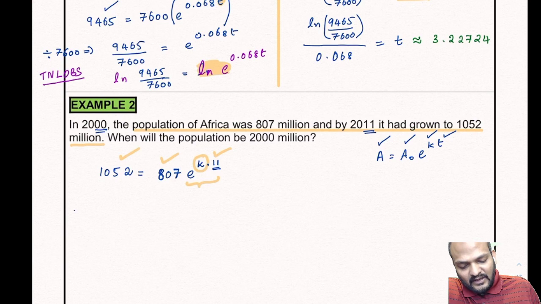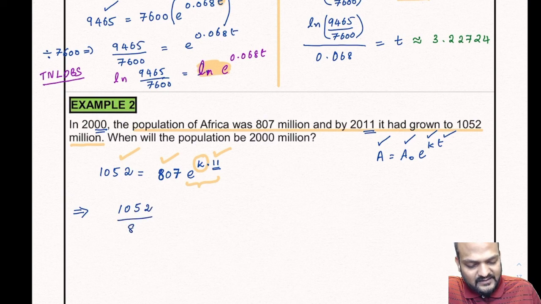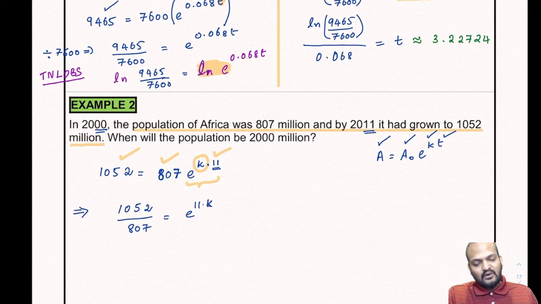All right, so to do that, I'm going to divide both sides by 807. When I do that, I'm going to have 1052 divided by 807 equals e to the 11 times k. That's what I have, right? Wonderful. Now, just to isolate the k, I'm going to take the natural logarithm on both sides.